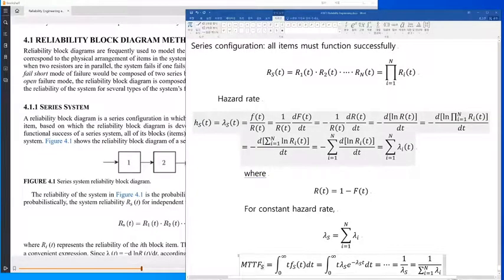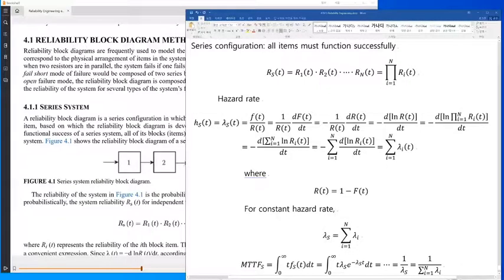And the hazard rate is calculated by adding all the hazard rates of all the components. When the hazard rate is constant, in fact this is the case for exponential distribution.